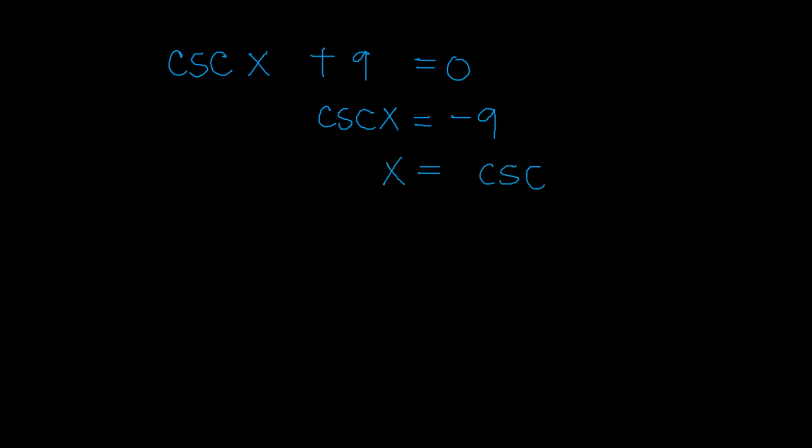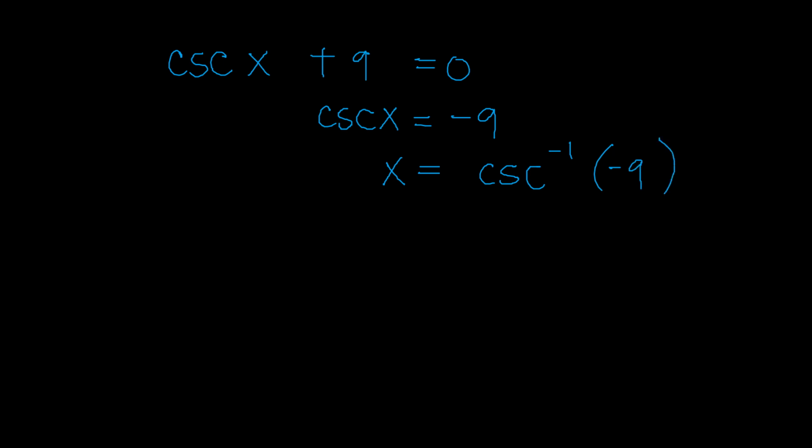Another is if you have cosecant x plus 9 is equal to 0. Therefore, we're solving for x. We have cosecant x is equal to -9. Now to solve for x will be arc cosecant of -9.